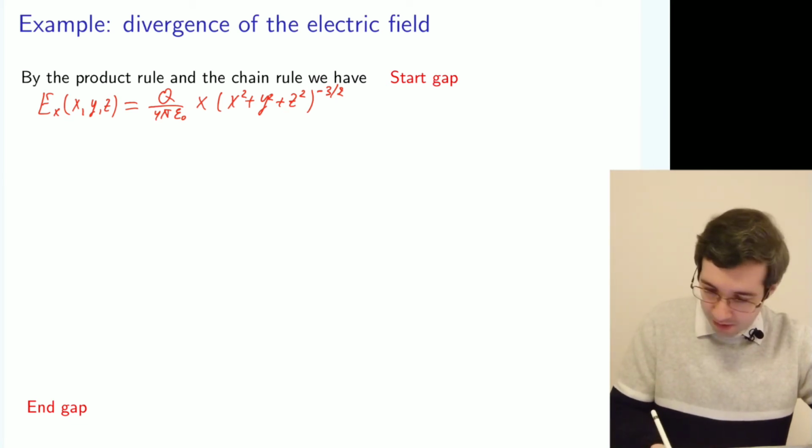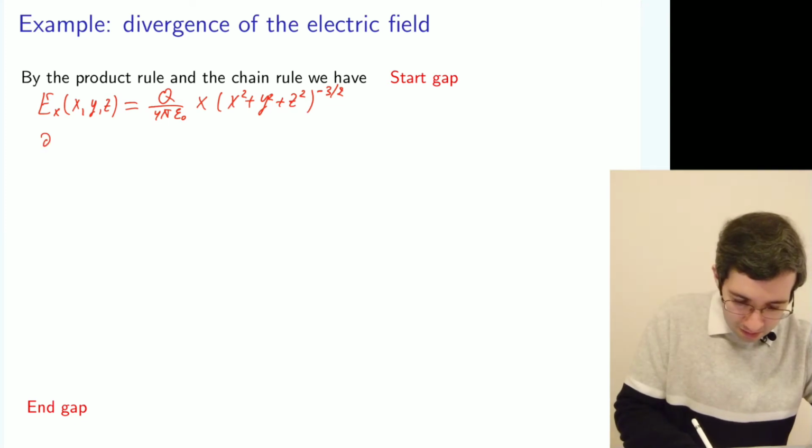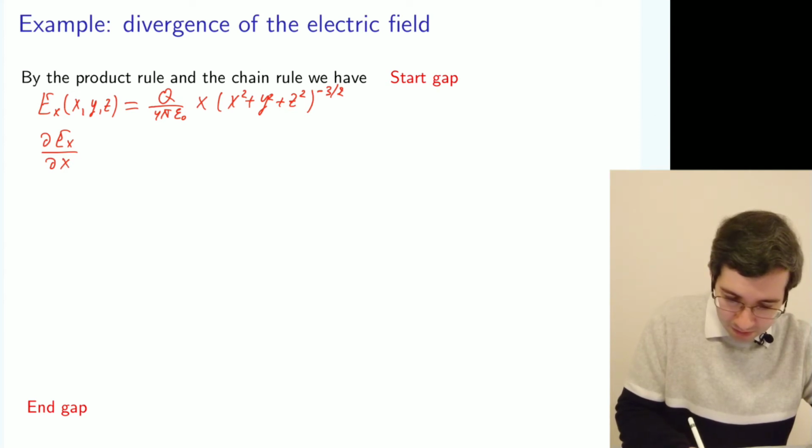And if we take a derivative, we just use the product and chain rule, as you can see here, and ignore that constant because it's just a constant factor, so we can take it out.